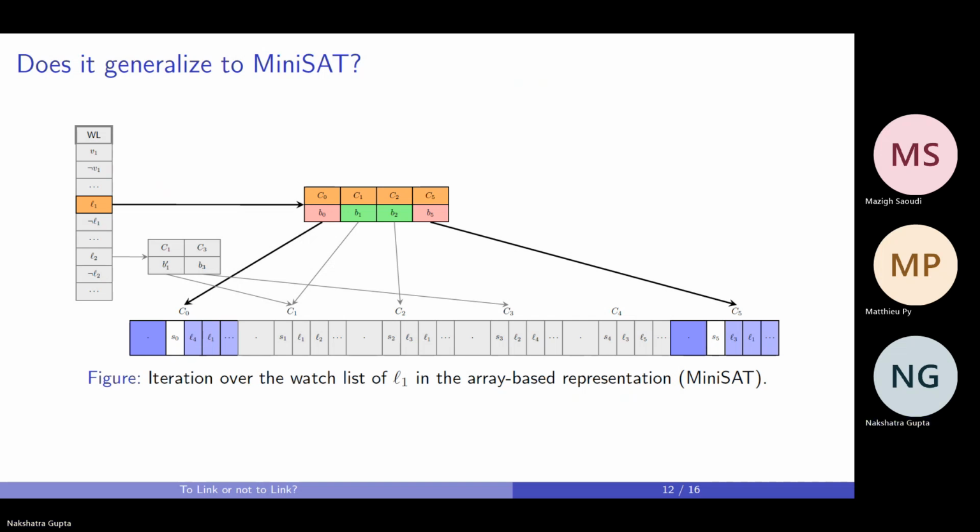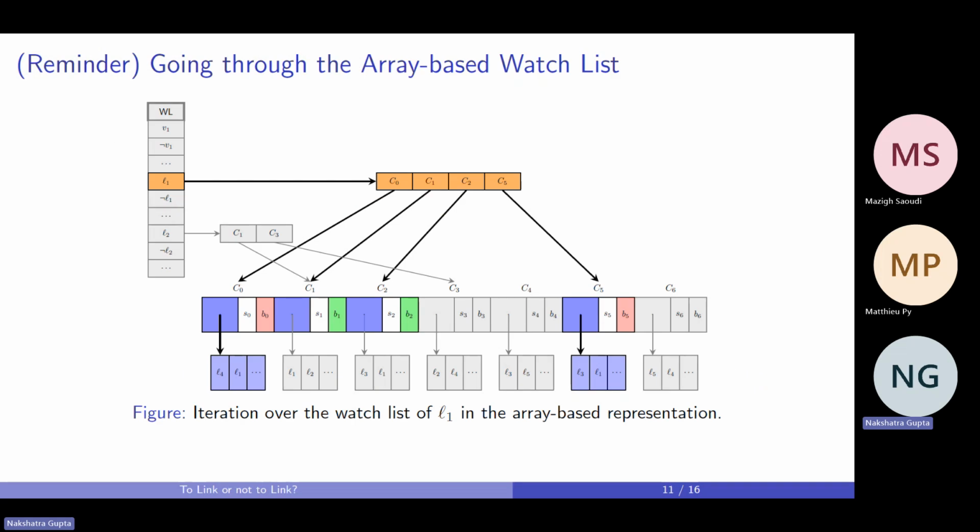I don't know. So the goal would be to share the blockers within the clause? No. So you have a watch list per literal, right? Yes. One way to implement this would be to allocate a watch list per literal in a separate chunk of memory.